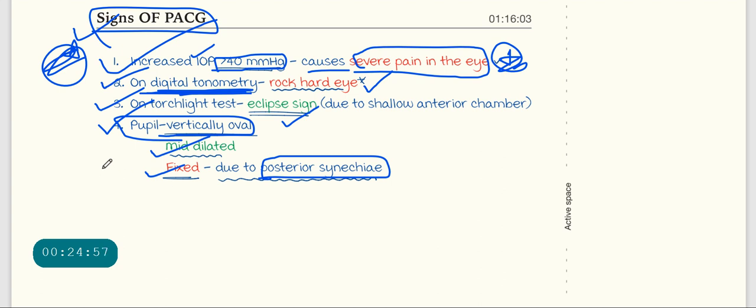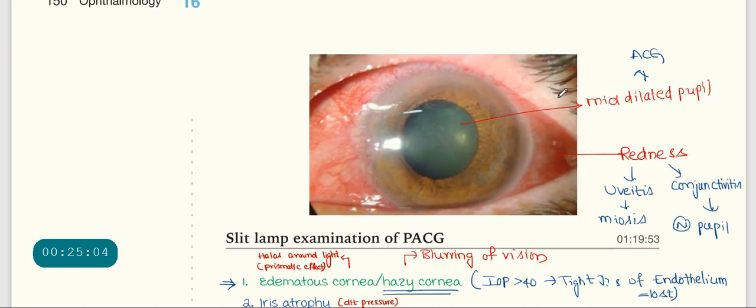You can see in the image there is redness and inflammation, and there would be severe pain. There is a mild dilation of the pupil, as you can see in this.